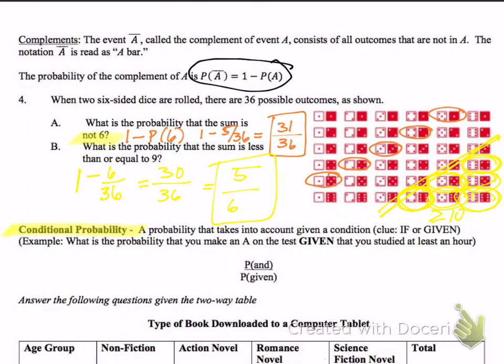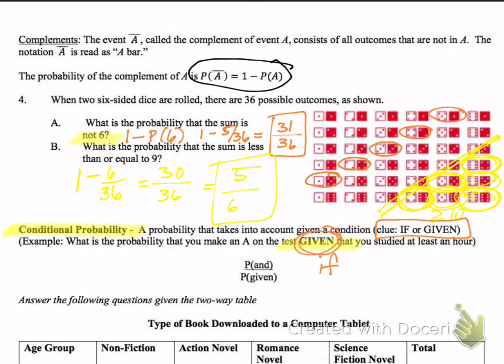Now we're only going to look at the under 21 group instead of the whole population. Conditional is like you're putting a condition on it and you're only isolating that specific section of people or whatever you're surveying. So it has to have the word if or given, and that's going to tell you that it's a conditional. So it'll say given or it'll say if.